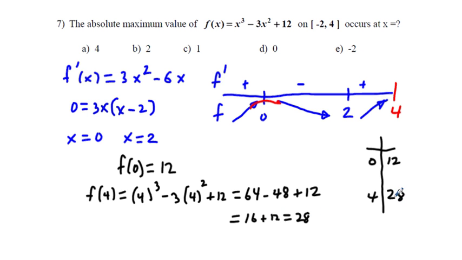So our absolute maximum is 28 and occurs at x equals 4. So our answer is A.